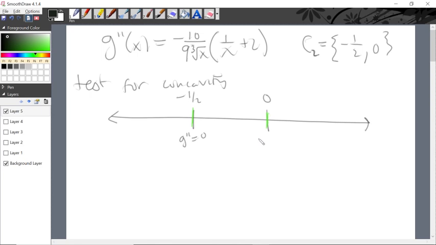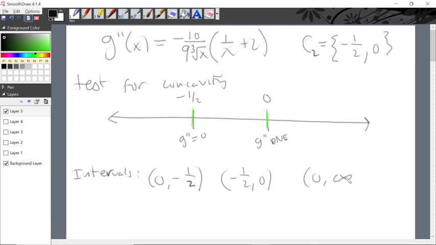But at 0, the second derivative itself does not exist, even though the function g does have a point there, the point with coordinates 0, 0. The intervals for us to test on are from negative infinity to negative 1/2, an open interval, then from negative 1/2 to 0, that open interval, and finally from 0 to infinity.